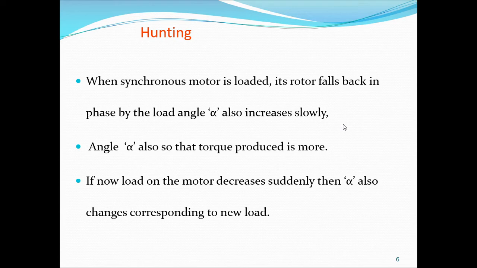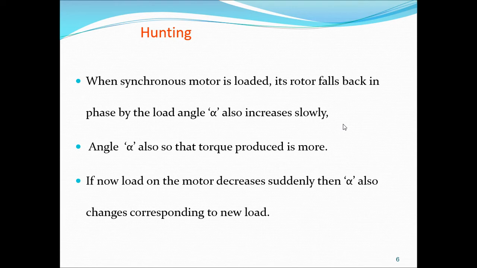And if load increases, alpha increases, back EMF EB increases, then the armature current drawn from the supply also increases. Then it produces more torque, and that torque supplies the increased load.